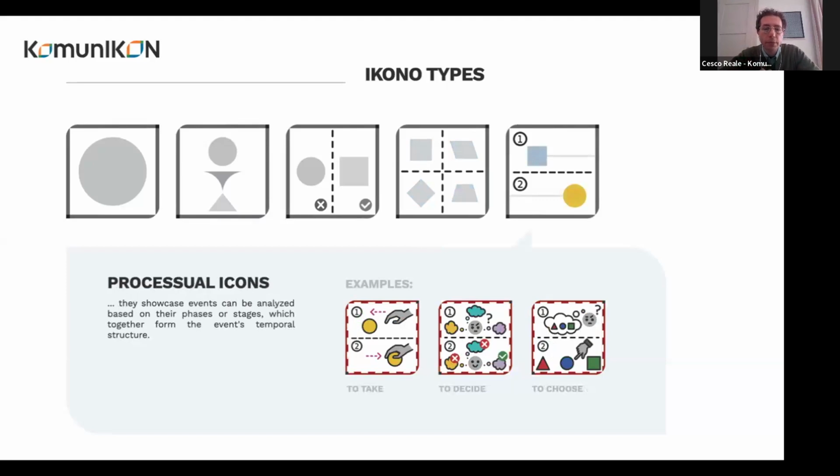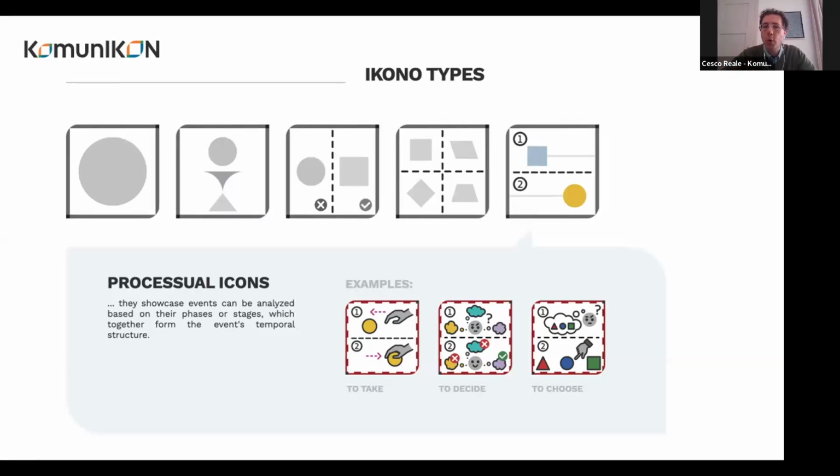And one more type, there are more, but here we just finish here, is the processual icons. For example, for to take, we decide to have it in 2 steps, step 1 and step 2, or to decide or to choose, also we have 2 steps. As you can understand, some icons are quite complex.